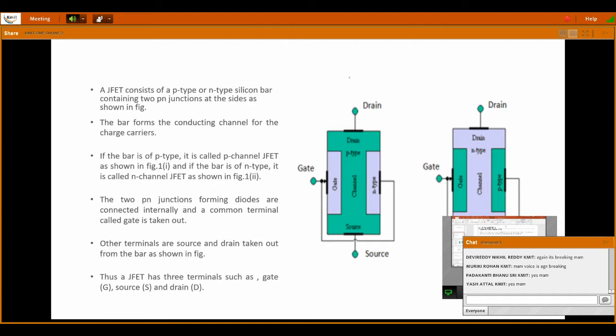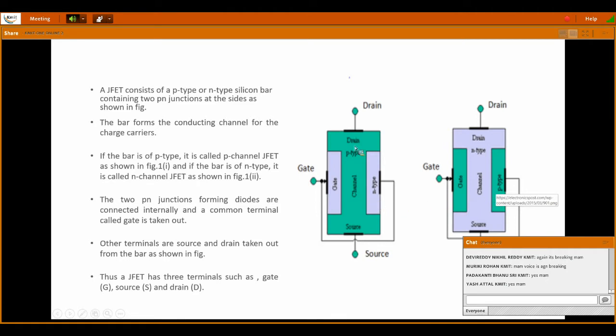See here on the screen, you can see diagrams showing the construction of an N-channel FET and a P-channel FET. In the previous class also we showed this diagram.